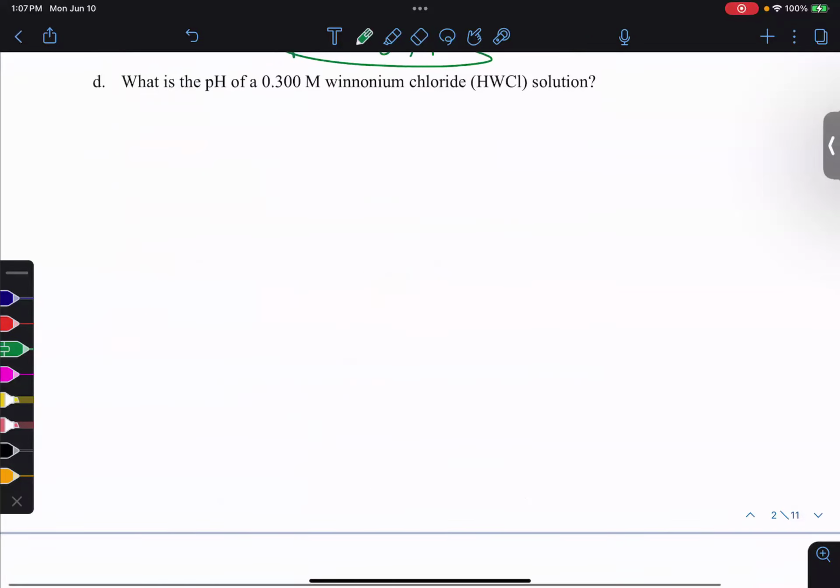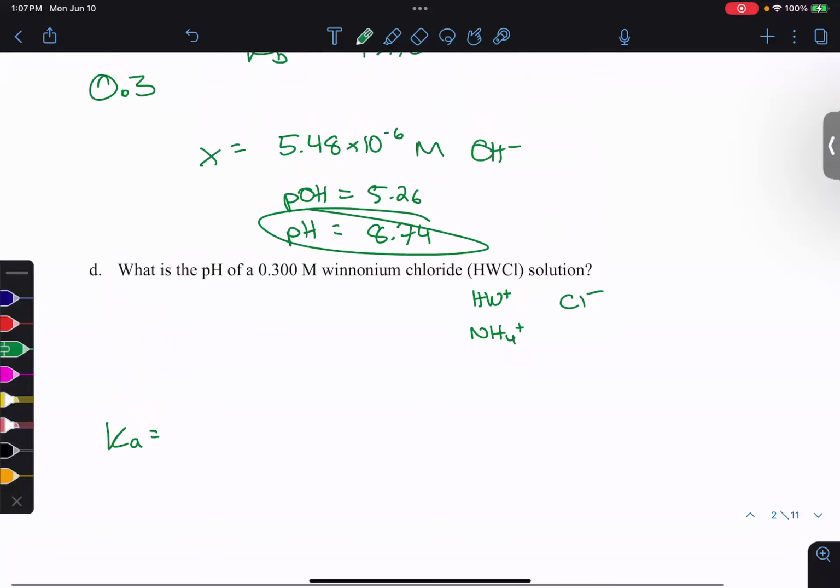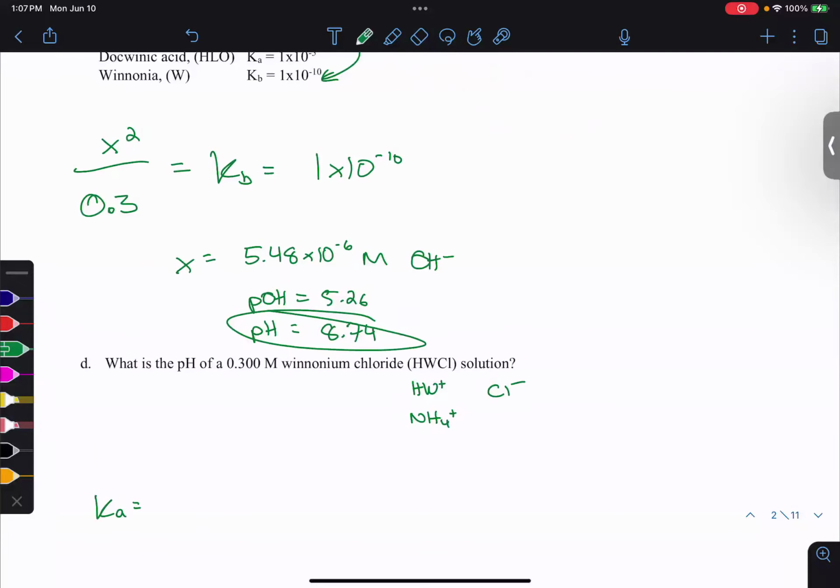All right, okay, so then what is the pH of a 0.3 winonium chloride? Is that a base? That is an acid. So winonium chloride is composed of HW plus and Cl minus. This is analogous to NH4 plus. That is a weak acid. So that means I have to use Ka, but I didn't give you the Ka of winonium, but you can get it from the Kb of winonia.